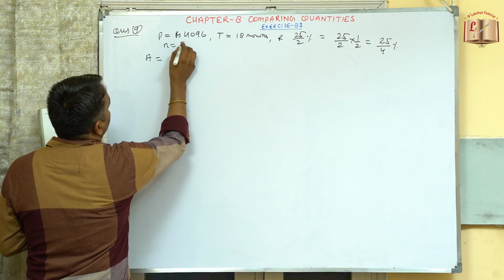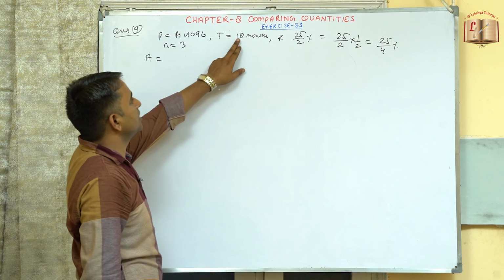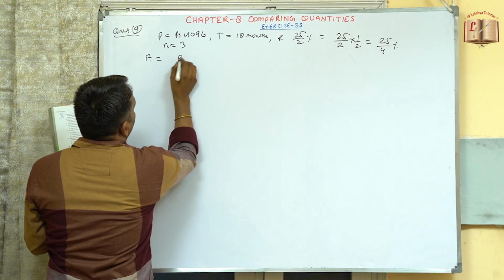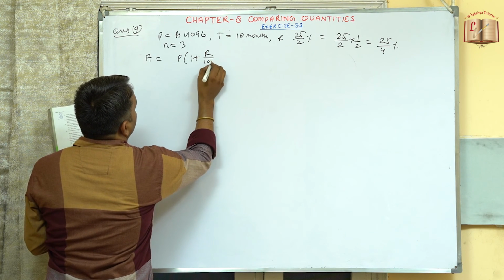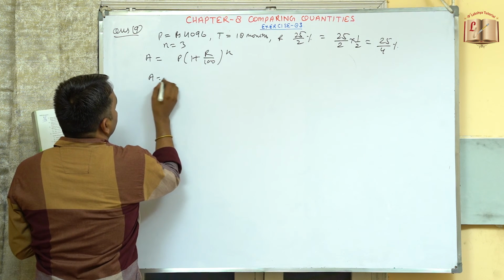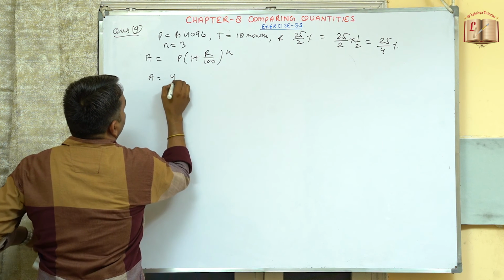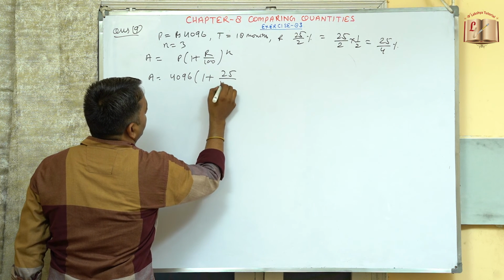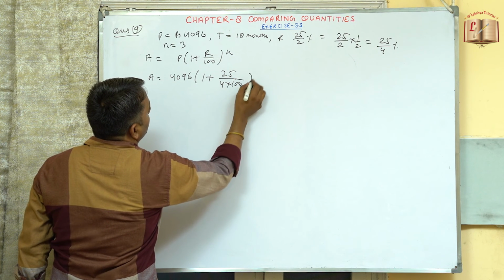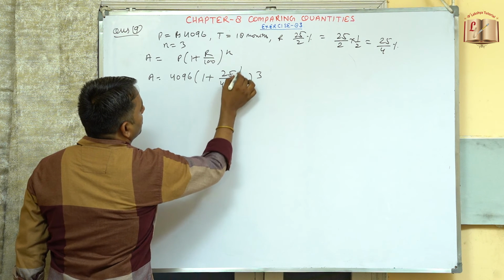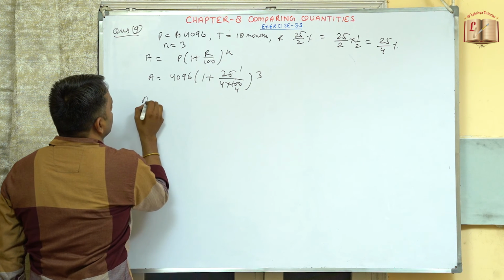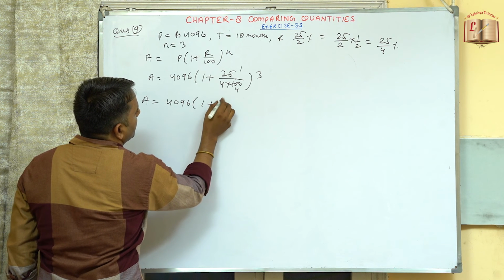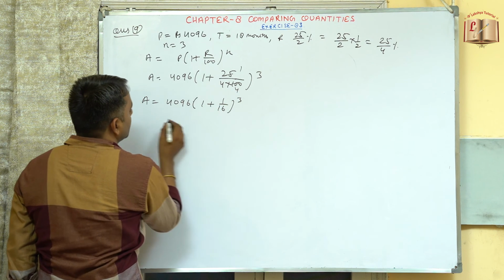Here n will be 3, because in 18 months, the number of 6-month periods is 3. So A equals P times (1 plus R by 100) to the power n. So A equals 4096 times (1 plus 25 by 4 into 100) to the power 3, which is 4096 times (1 plus 1 by 16) to the power 3.